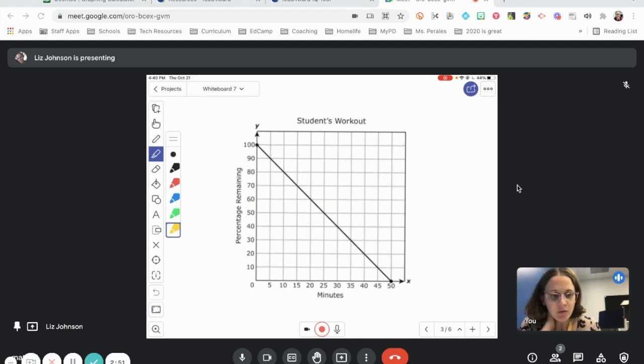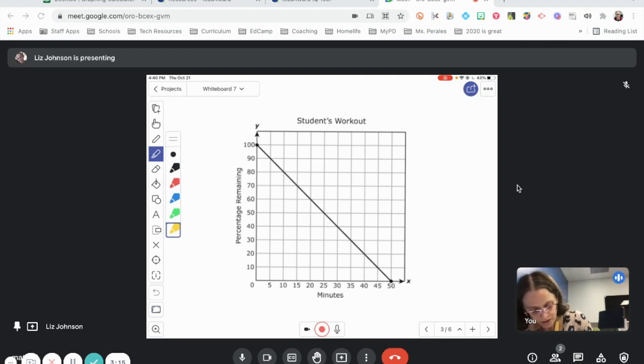So let's talk about what y-intercepts mean in the real world. They're actually really useful when you're talking about real world concepts. So for example, here we have a student who was working out and he had a goal. He wanted to work out for 50 minutes. Well, at the beginning of his workout, he had 100% of that workout left. At the end of his workout, he had 0% left.